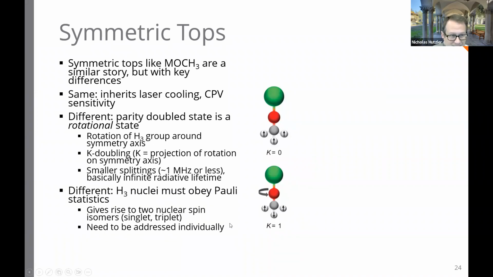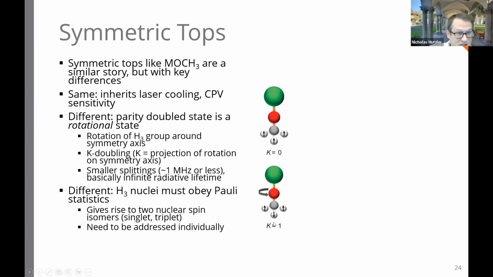Like, are you in sort of a singlet or a triplet? I shouldn't have said singlet or triplet because it's 3 spin halves, but it's basically the 3 different ways you can combine the 3 spin 1/2 nuclei for the overall wave function of the whole molecule to respect Pauli statistics. You can only have sort of different symmetric and antisymmetric combinations of these nuclear spins.